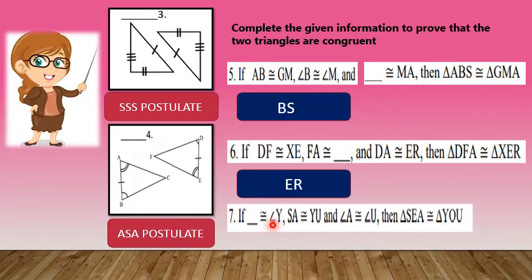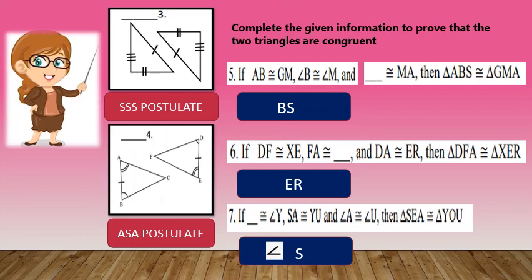If blank is congruent to angle Y, SA is congruent to YU, and angle A is congruent to angle U, then triangle CEA is congruent to triangle YOU. The angle Y is this one, so therefore, that is congruent to angle S. So that's the example of the postulates and the given information that we're going to complete.